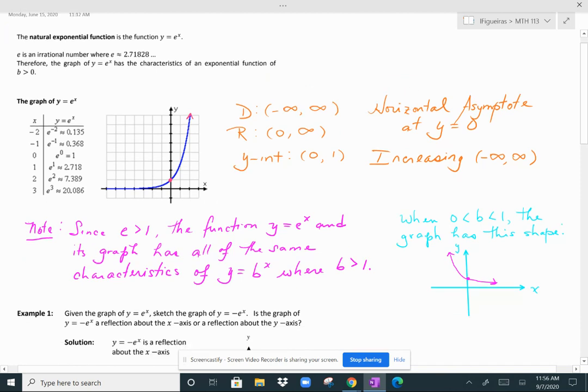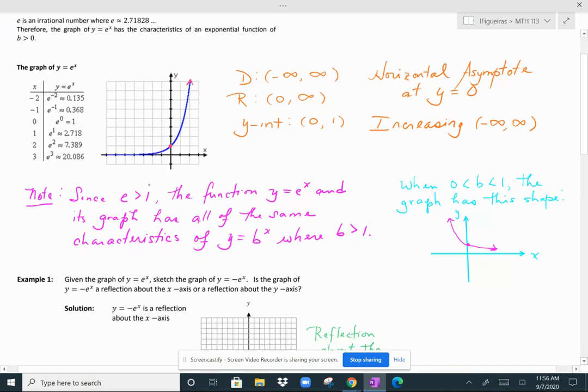All right, so as I mentioned before, since e is greater than 1, the function y equals e to the x, and its graph, has all of the same characteristics as y equals b to the x as long as your b is greater than 0. In other words, they will always be increasing from left to right, and the rest of the attributes would be about the same.